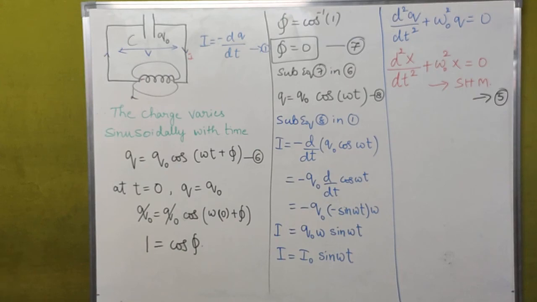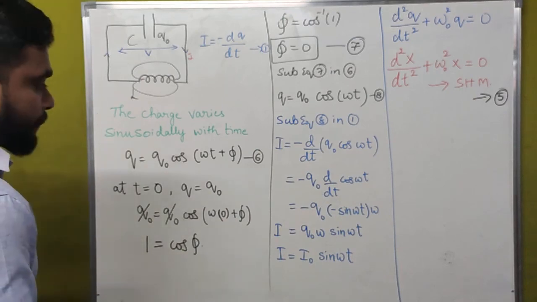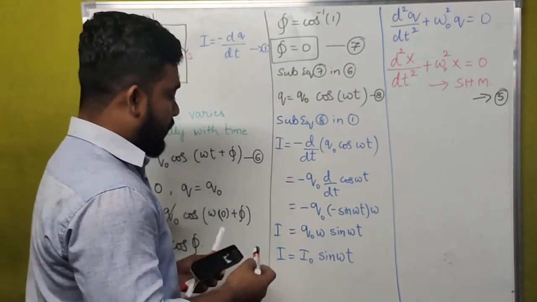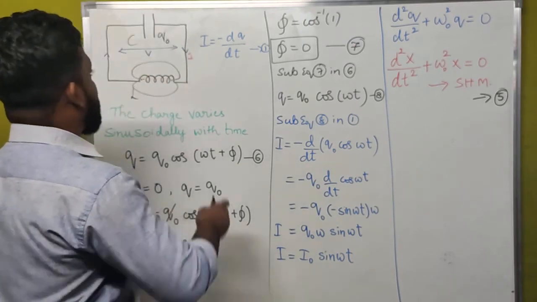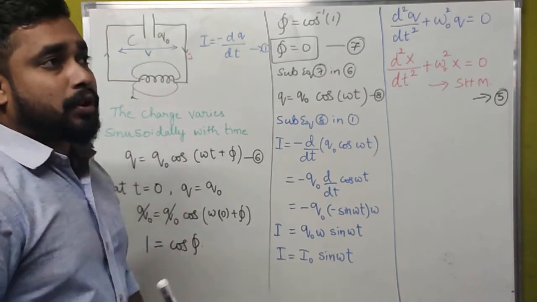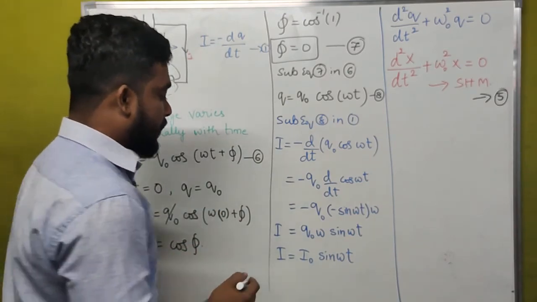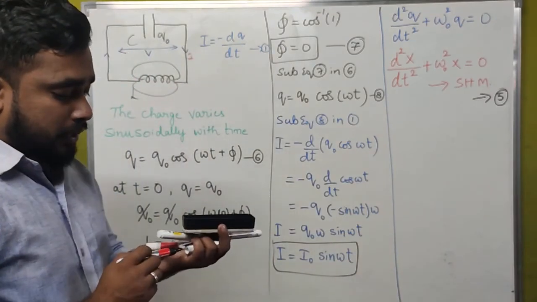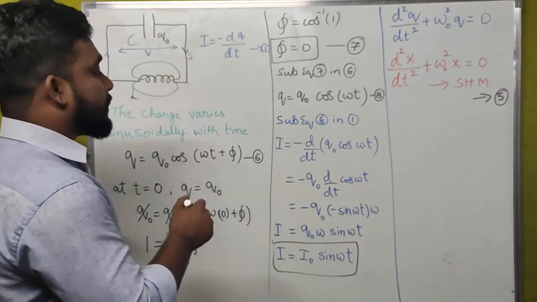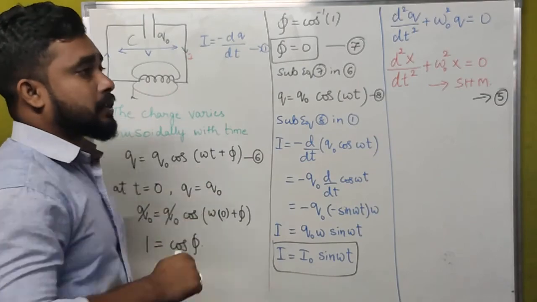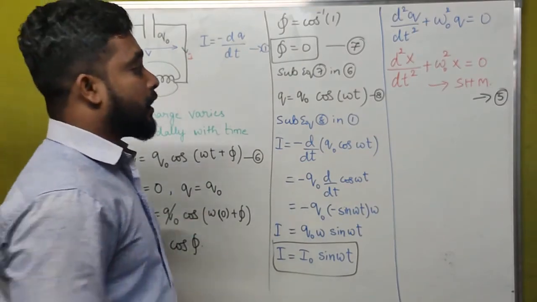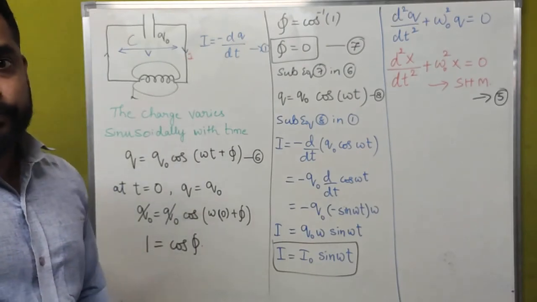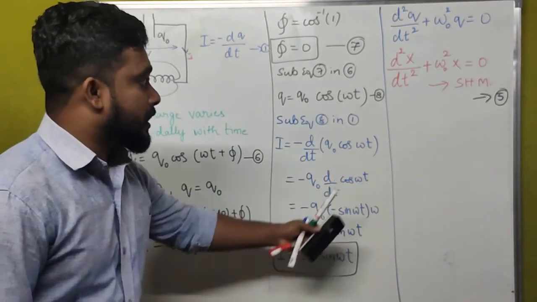That is the expression for current flowing through a circuit of a capacitor connected to an inductor. This shows that both current and discharging of charge are in oscillatory, simple harmonic motion. This is the end of the derivation.